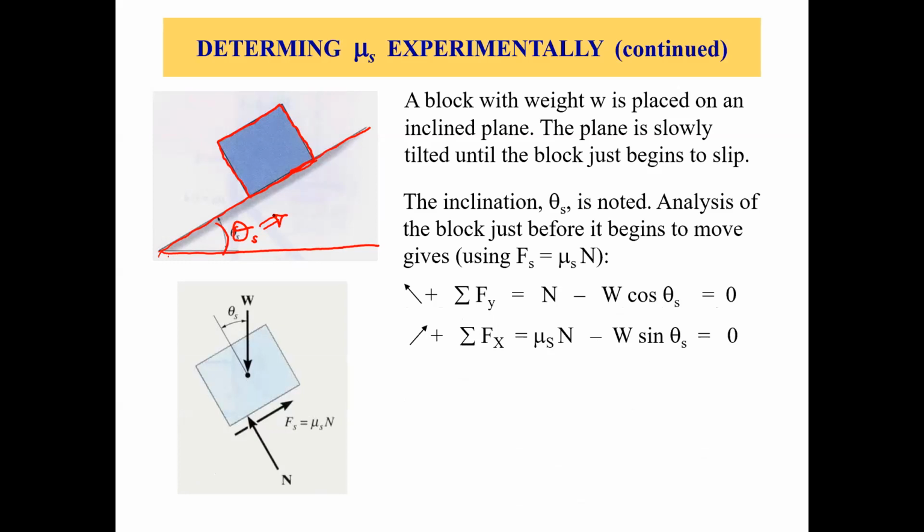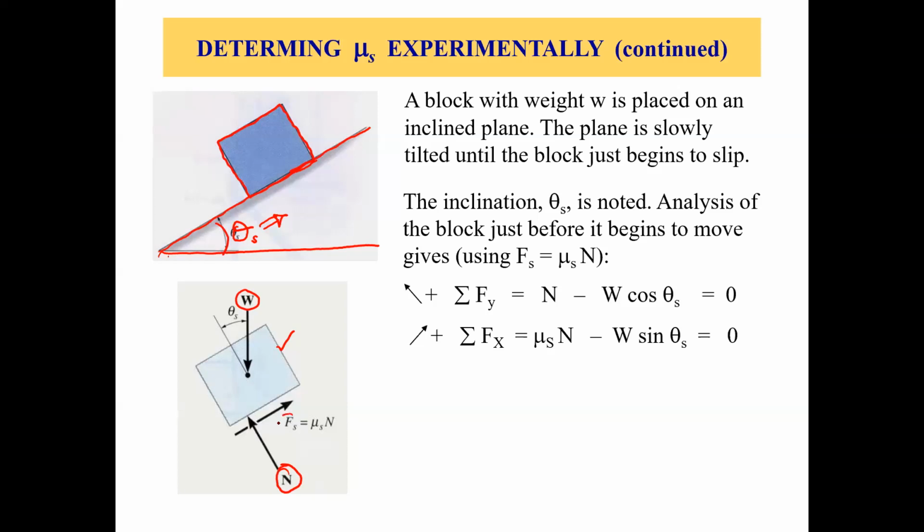So the analysis of the block just before it begins to move, what does it give us? Let's make a free body diagram first. This is the block, the same block. We have weight W acting downwards. We have the normal force acting perpendicular to the surface on which this block is placed. What else?